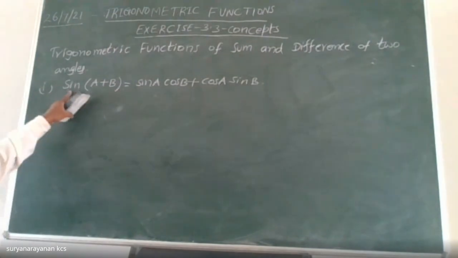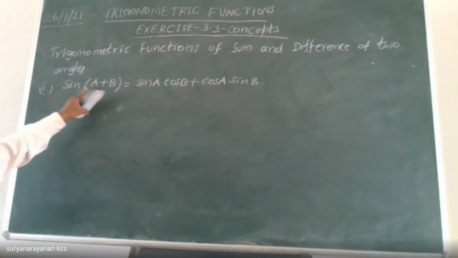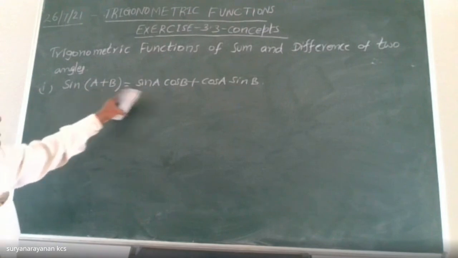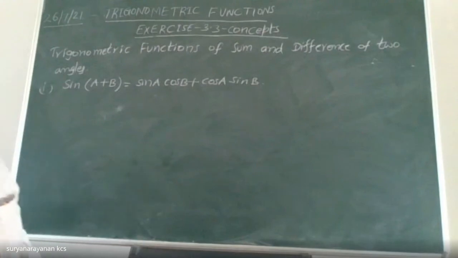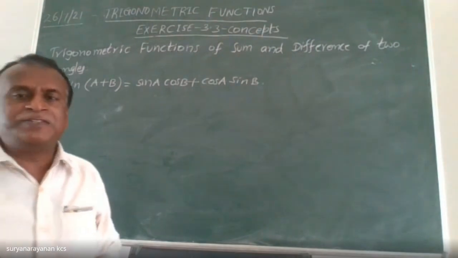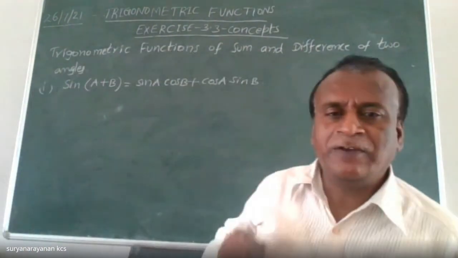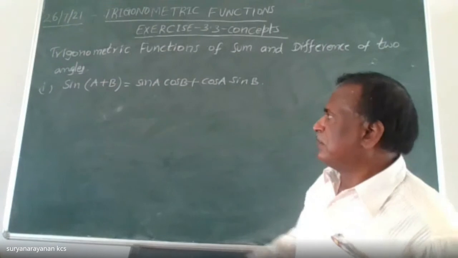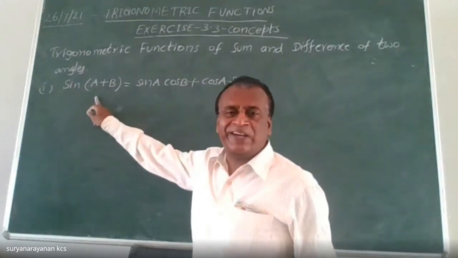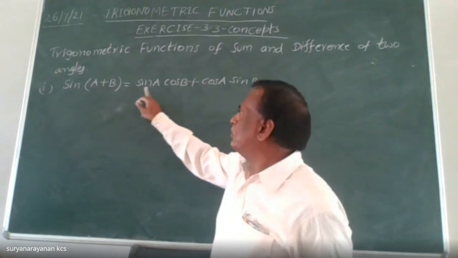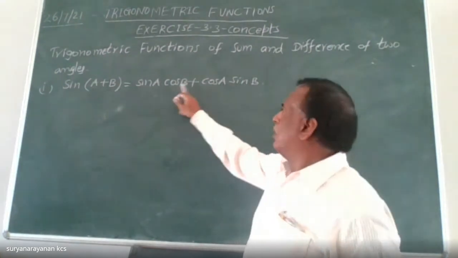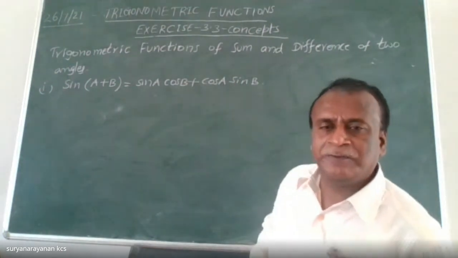The trigonometric function sin of the sum of these two angles is given by sin a cos b plus cos a sin b. All of you read one by one, my dear children. Read this formula. I will repeat one more time. Sin of a plus b is equal to sin a cos b plus cos a sin b.